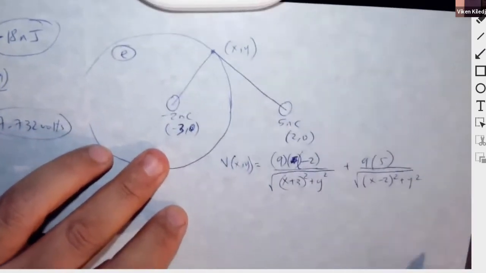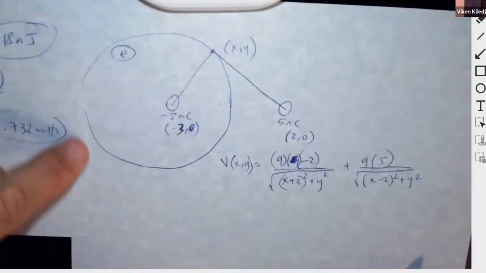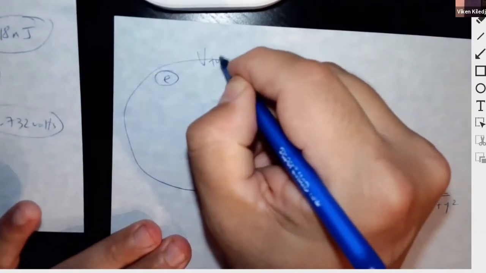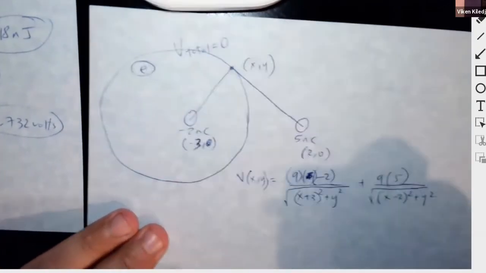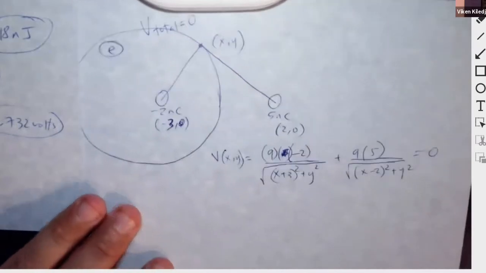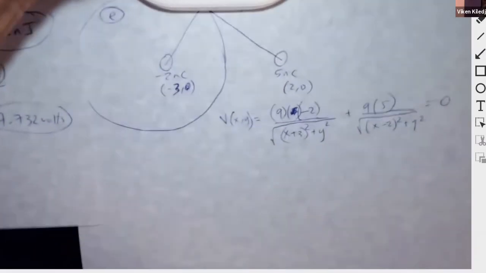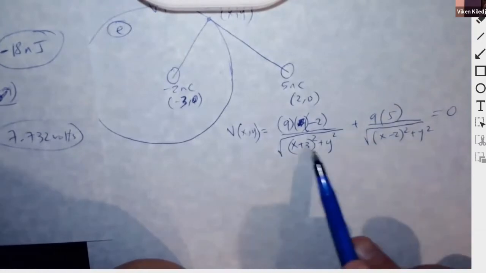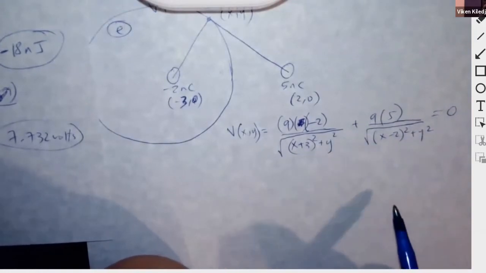And now if we're trying to find the equation of the surface where the voltage is 0, then we just put this equal to 0. And we want to solve for the relationship between y and x.